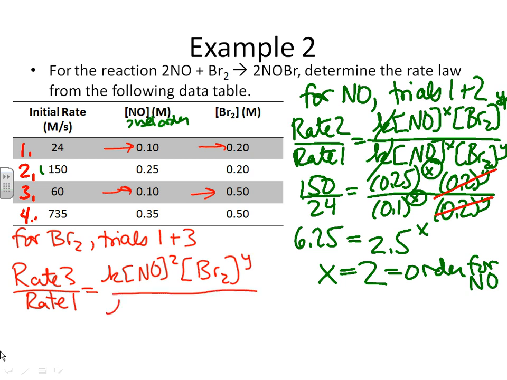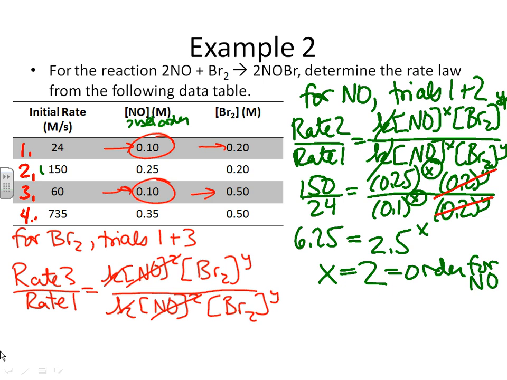I'm trying to figure out what the y is. I've already figured out the order for the NO. I've already figured out that it's 2. And then you plug in. I'm going to get rid of the k right now because it's the same. I'm also going to get rid of the NO squared because 0.1, 0.1, it's going to be the same. I'm just going to skip that step.